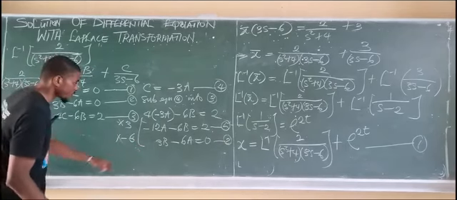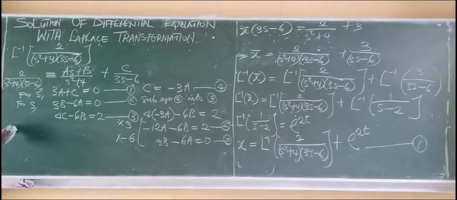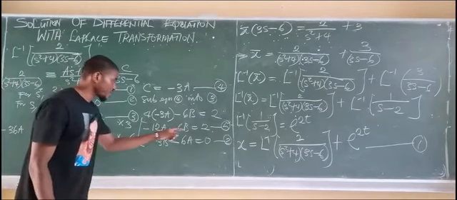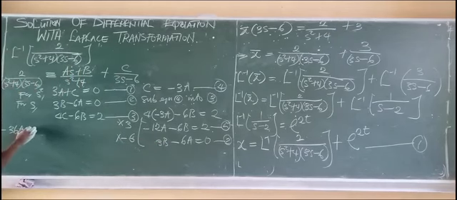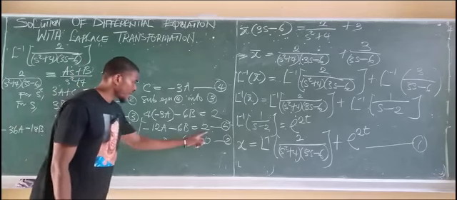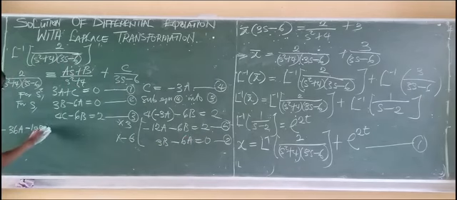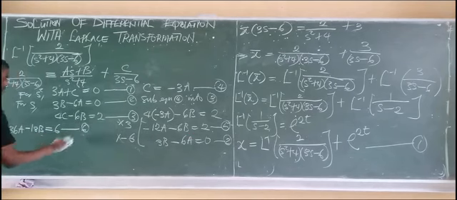3 times minus 12a gives minus 36a. 3 times minus 6b gives minus 18b. Similarly, 3 times 2 gives 6, so this is equal to 6. Call this equation 6.